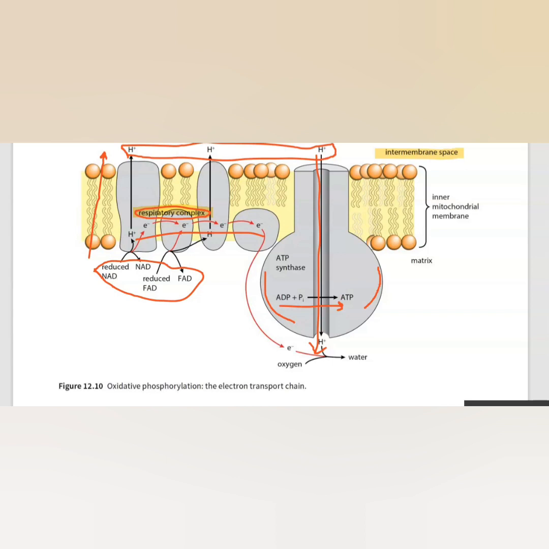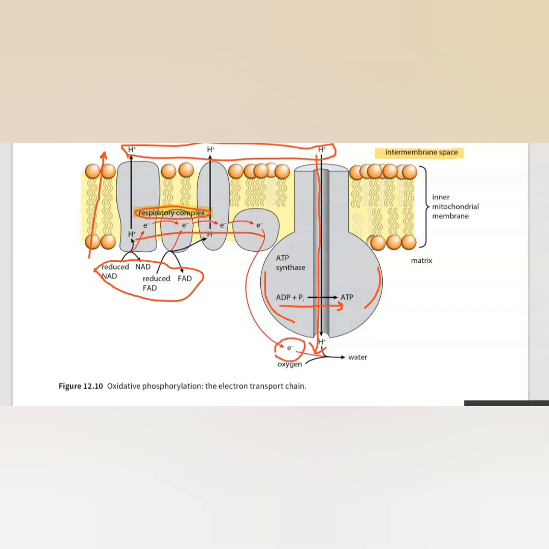So this is click, click, click. 3 hydrogen ions move around to form ATP molecules, and this is an oxidation and reduction reaction, known as chemiosmosis. Chemiosmosis is the production of ATP from ADP and phosphate by the movement of hydrogen ions from the intermembrane space to the matrix.